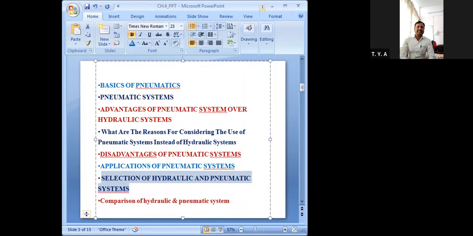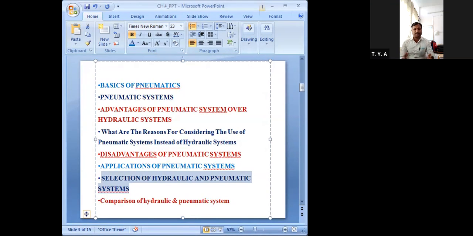Now, another question arises: how to select a pneumatic system or a hydraulic system? Or when to use a pneumatic system or a hydraulic system? It's an answer we should know. Getting it?